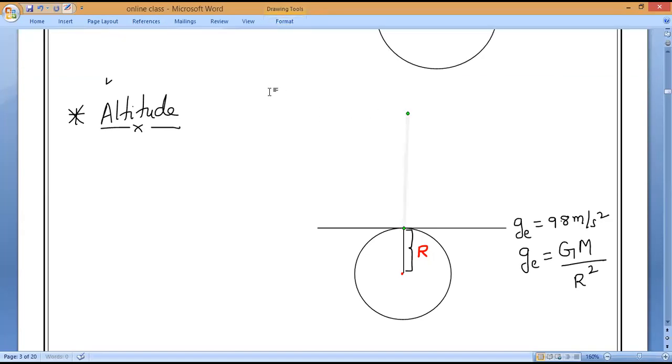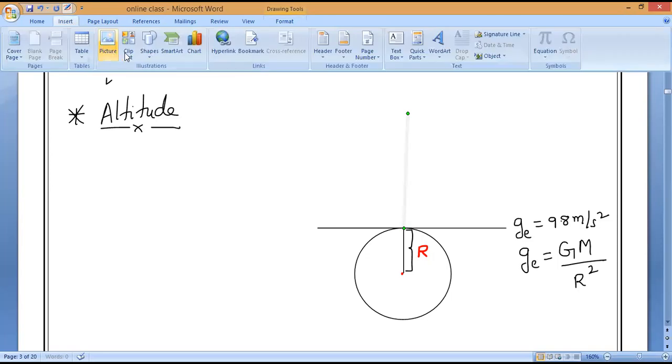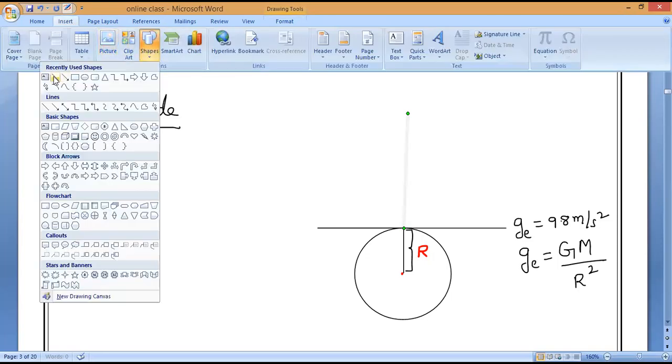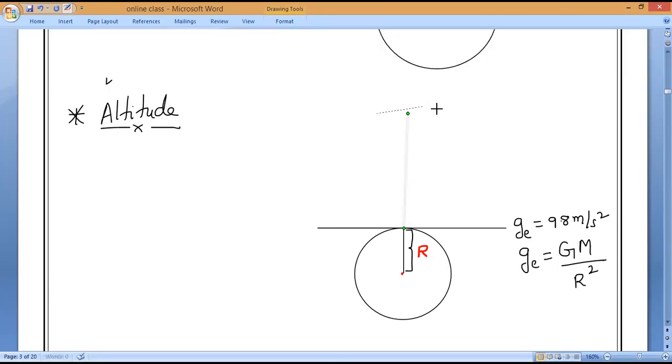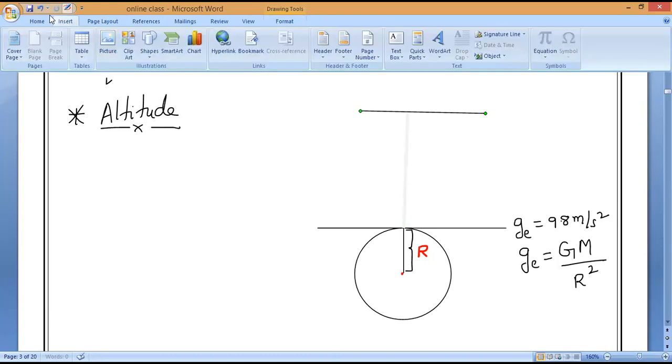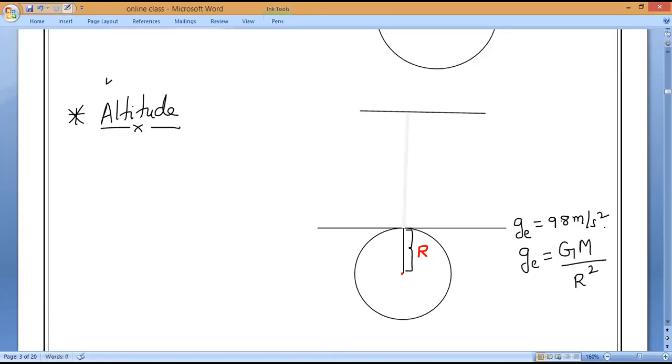Now at this point, you are above the ground at this particular height. When you are on the ground, your gravity is 9.8 meter per second square. Now Kaushik has climbed here. At this height, what is the gravity?